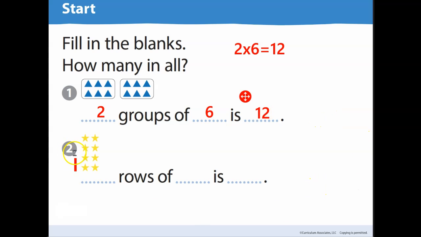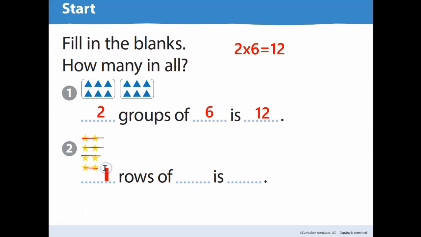Now, how many rows do I have? Hold on. These aren't rows. If I go up and down like that, those are columns. When it says rows, I'm going to go across. I have 1, 2, 3, 4 rows.